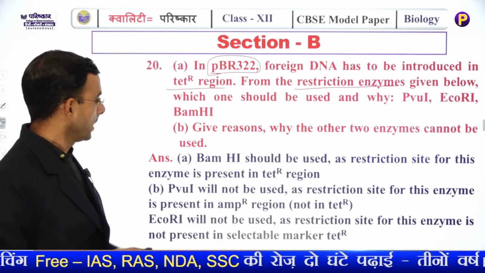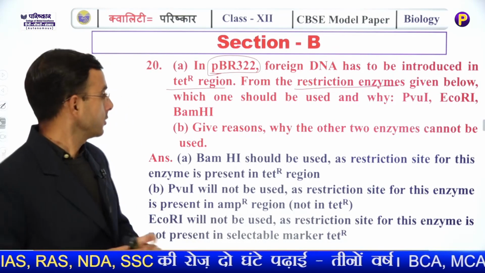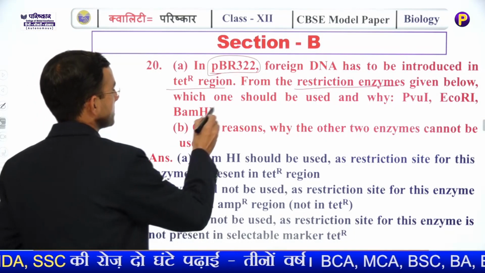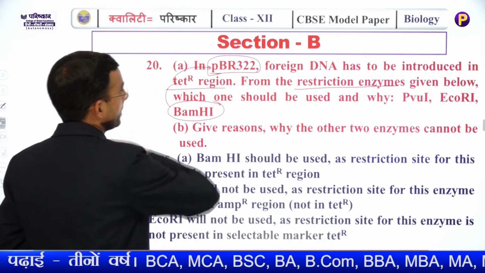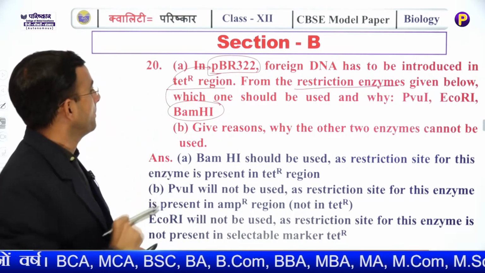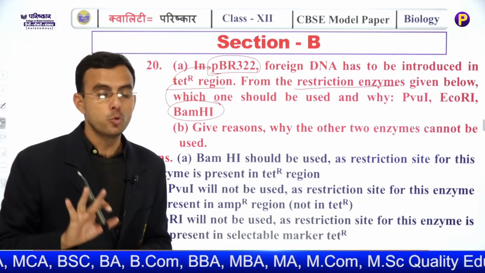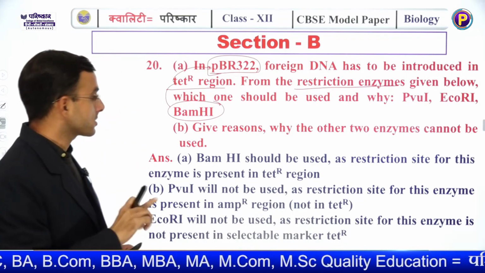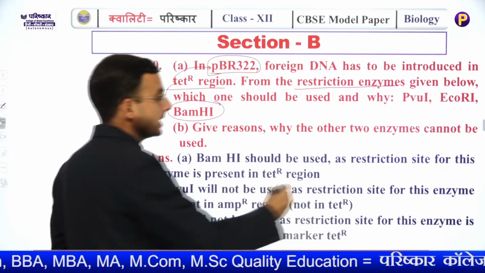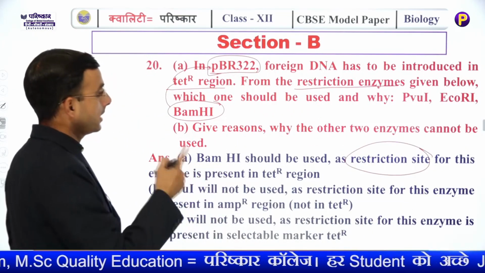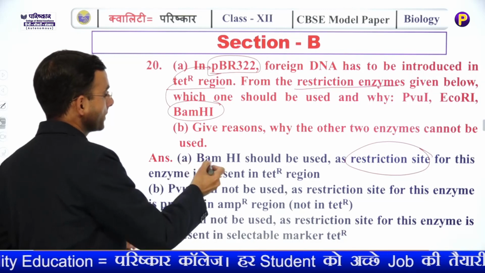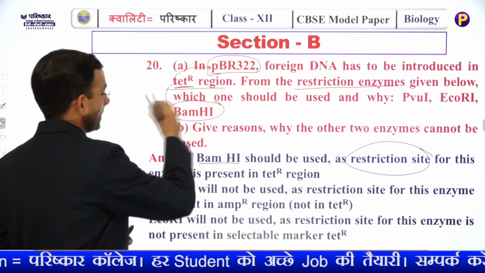So look at this one. Why are you utilizing it? You are utilizing this enzyme to cut the tetracycline resistance gene in this pBR322 plasmid. Why? Because that restriction site, the cut site of this DNA, is present in the tetracycline region.